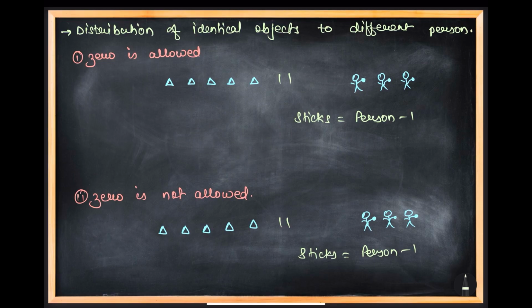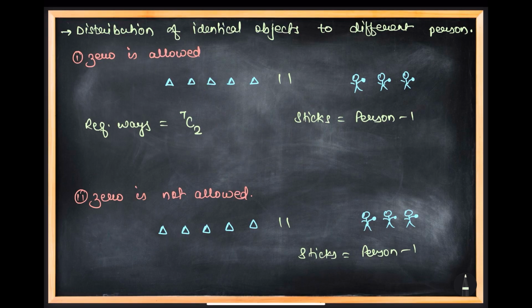You are having 7 things, 5 and 2. Now how will you answer? So the required ways will be 7C2. Done. So this is the number of ways by which we will distribute samosas among 3 persons.